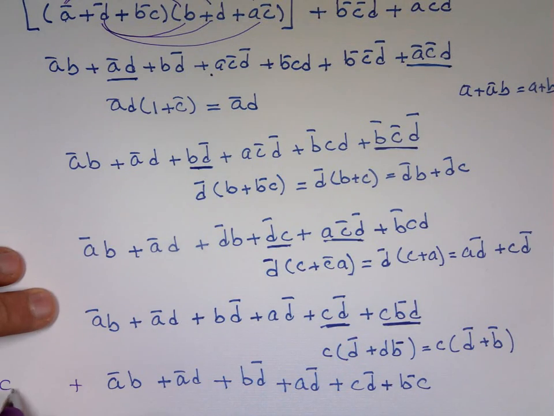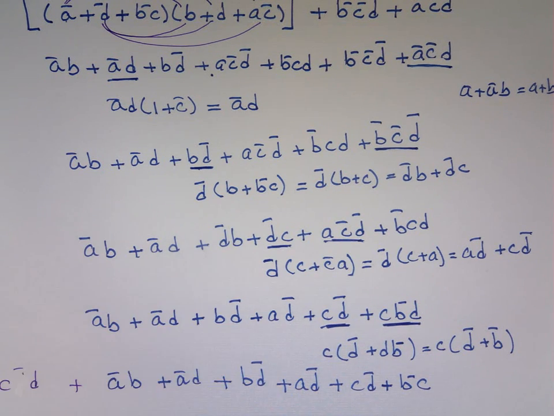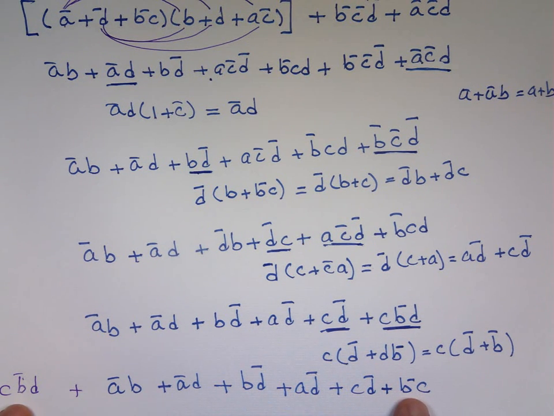B bar D. And that would go with the very last one, wouldn't it? Yeah, but we'll make it C B bar. Right? So you can cancel C D bar. It just eliminates that one.